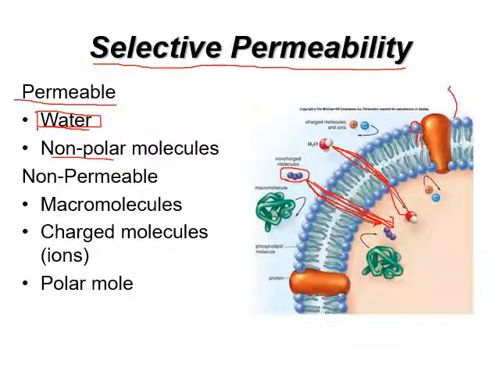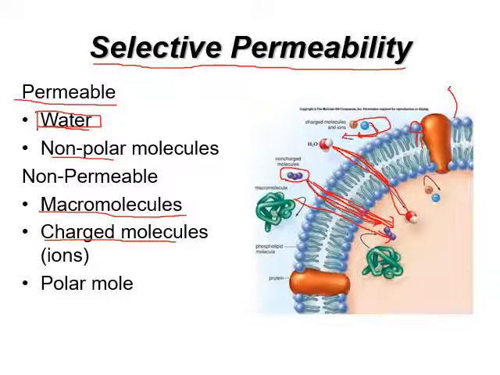What can't make it through? Large macromolecules, very big molecules aren't allowed in. Okay? Charged. What do we have for charged molecules? Remember our ions we talked about in chemistry. Okay? Charged molecules. Negative, that would be the chloride we've seen so far. Positive, that's sodium.